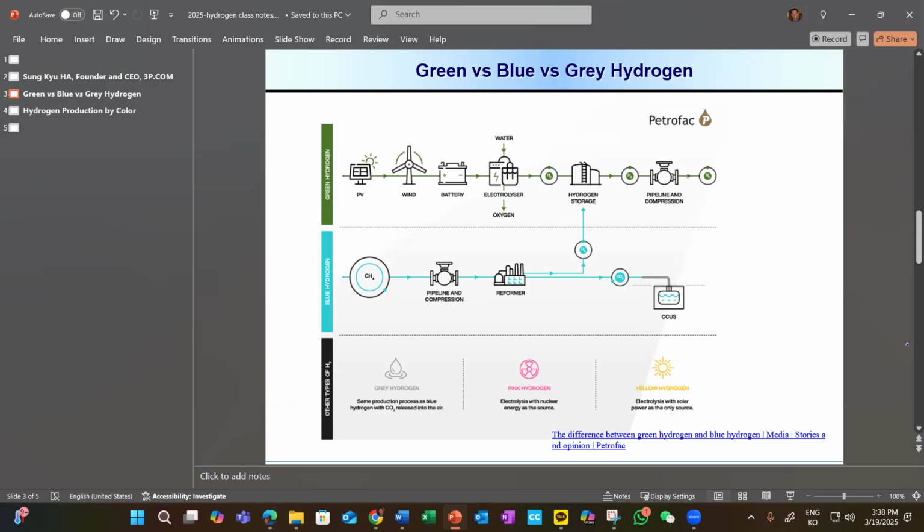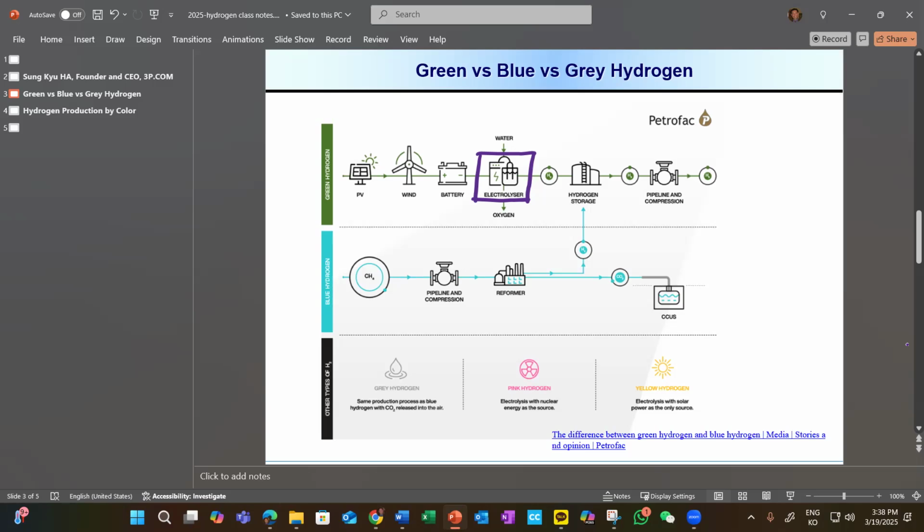so electrolyzer or electrolysis, this method is the key in the green hydrogen. Well, as you can see, depending on the technology and energy source or method of generating hydrogen, we give them a color: green, blue, and the other gray, and so on.